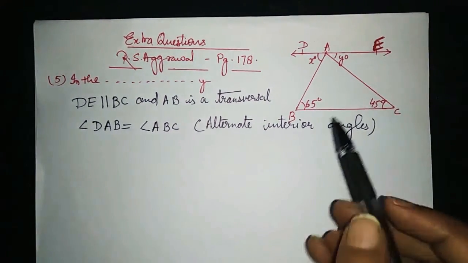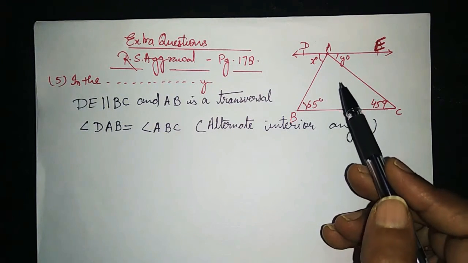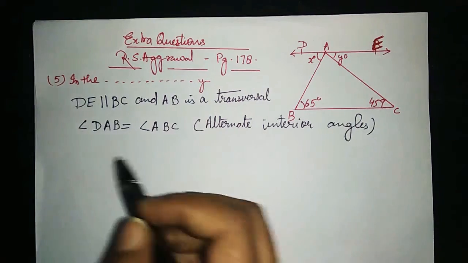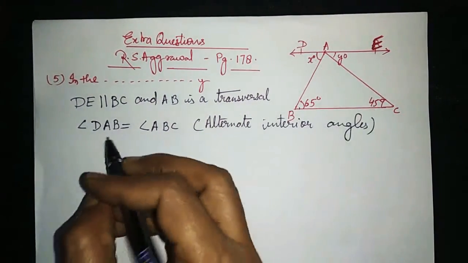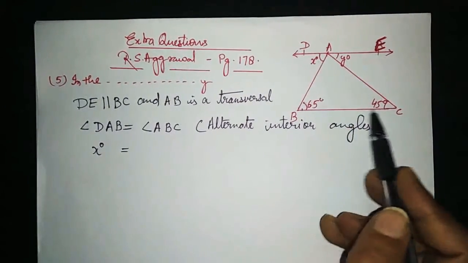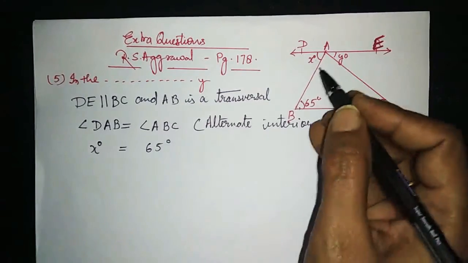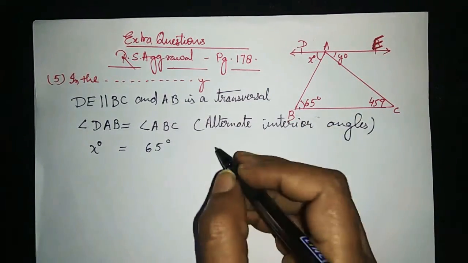Okay? These two angles are a pair of alternate interior angles. So here DAB is x degrees and ABC is 65 degrees. It is given in the question only.